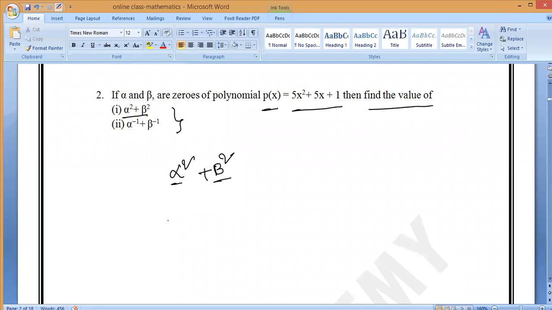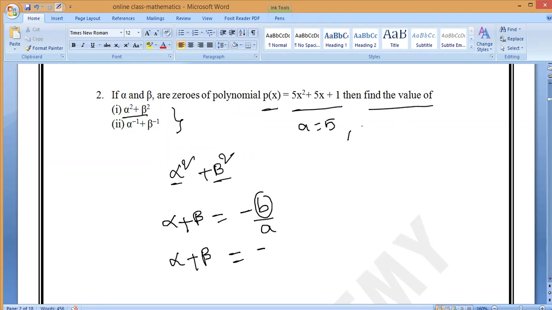We know the relations, correct? Sum of the zeros, alpha plus beta is equal to minus b by a. Substitute the values first. We don't know alpha and beta values, correct? What is b value? Minus 5.